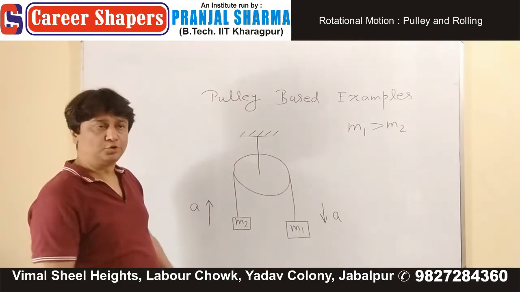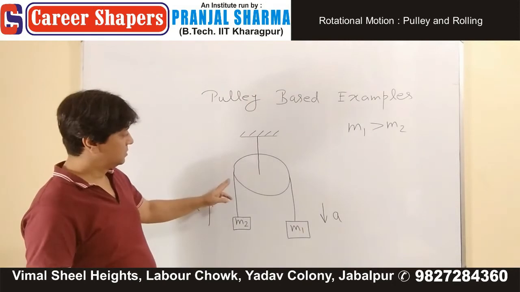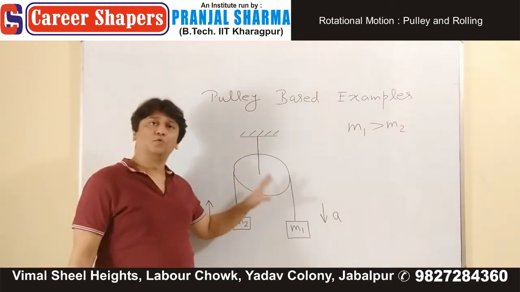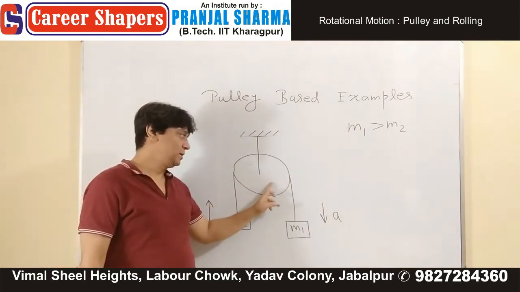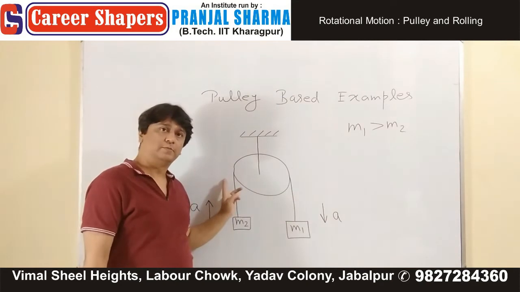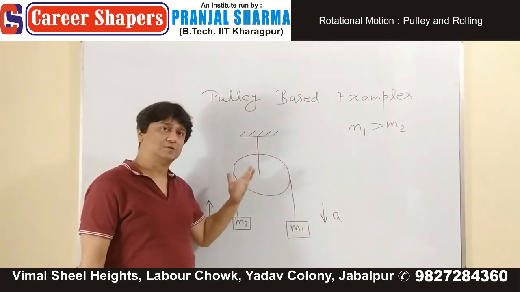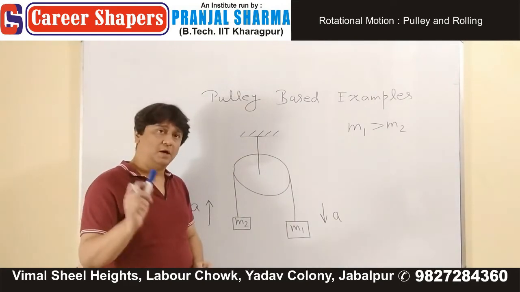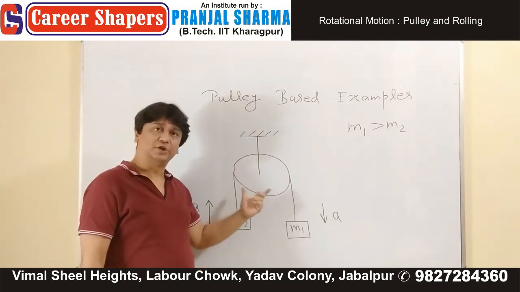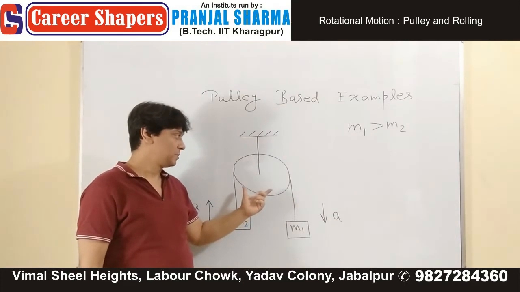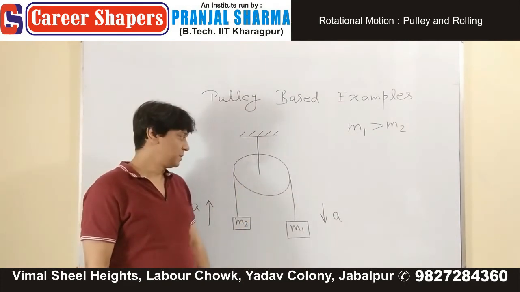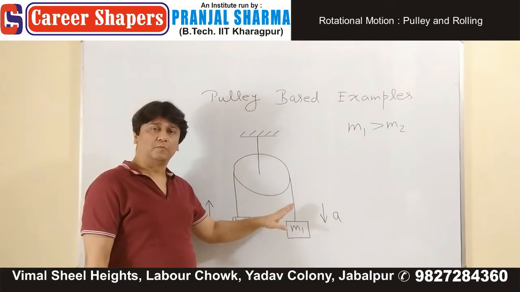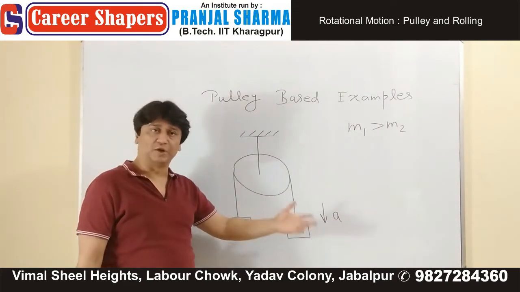In laws of motion, we used to say that there is no friction between pulley and rope. I hope you remember this important statement. But in rotational motion, we talk about real life situations.